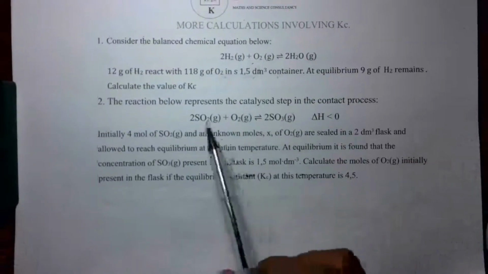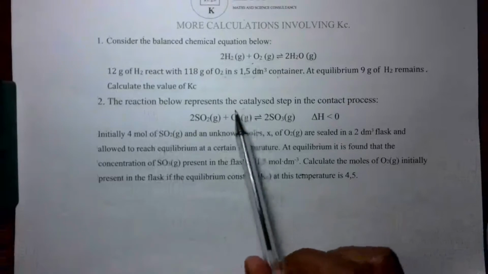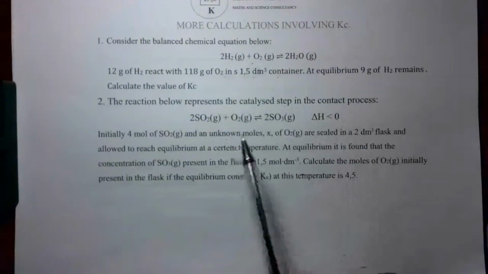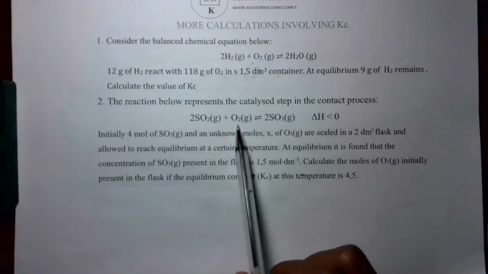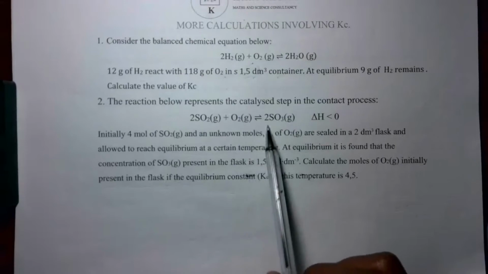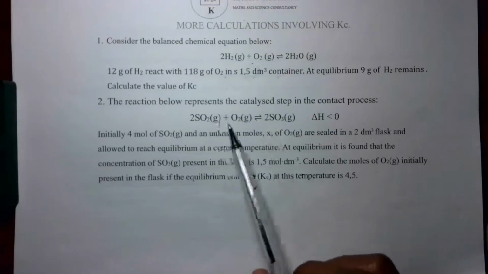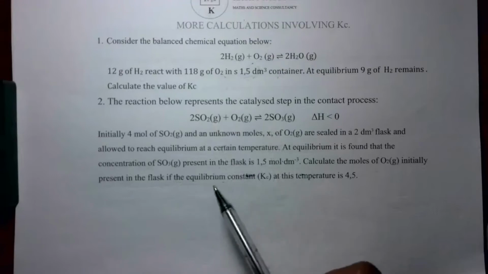So for case 2, we've got what? The reaction below represents the catalyzed step in the contact process. So sulfur dioxide reacts with O2 to give us sulfur trioxide. Okay, so this is the balanced chemical equation.